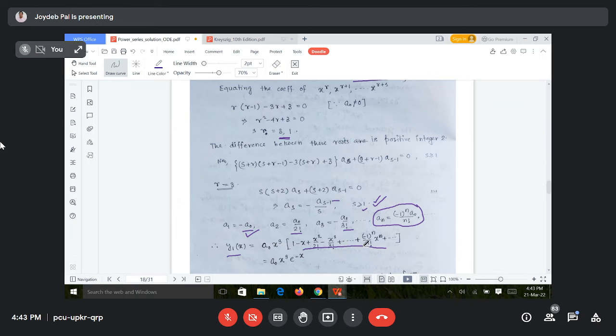What is the series for e to the power x? One plus x by factorial 1, sorry, 1 plus x square by factorial 2 plus x cube by factorial 3 plus x to the power 4 by factorial 4 and so on.